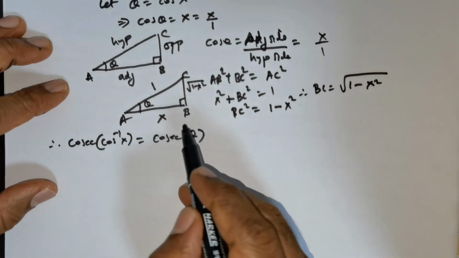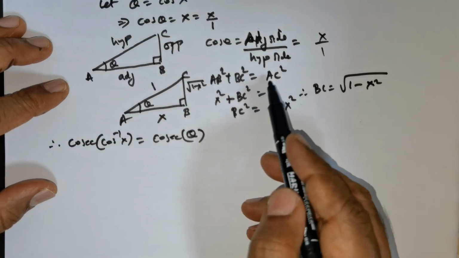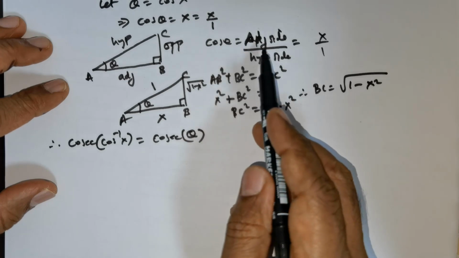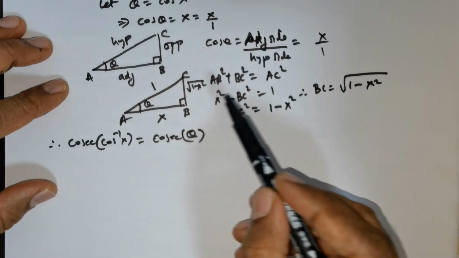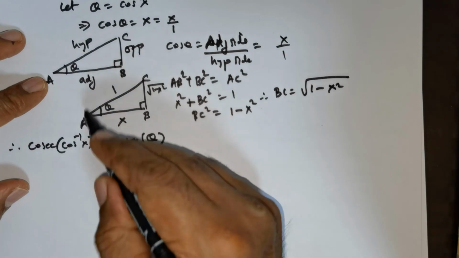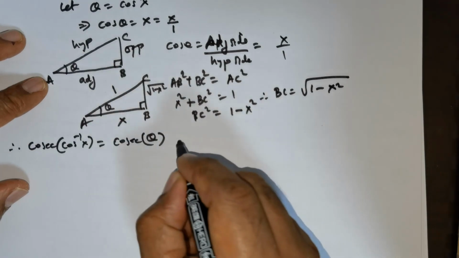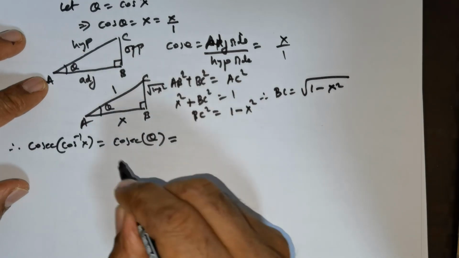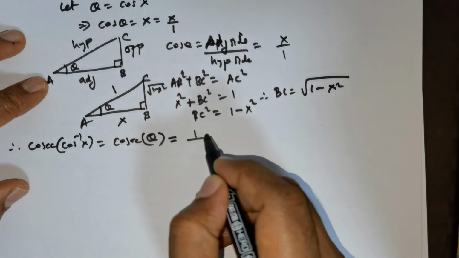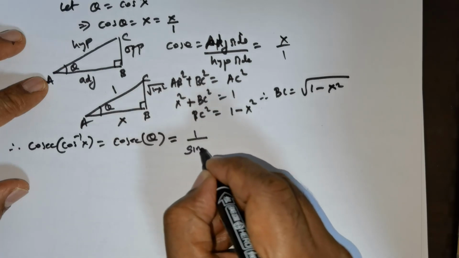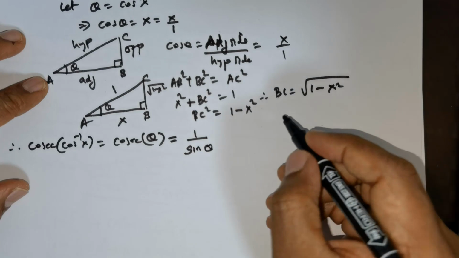But we know only cos theta. From cos theta we have completed the entire right triangle, and we also know that cosecant theta can be rewritten as 1 over sine theta.